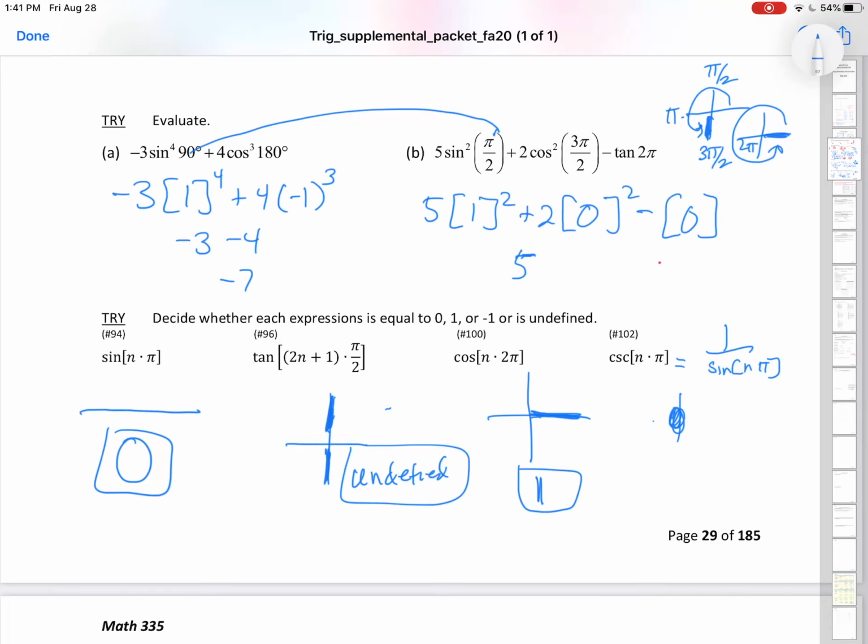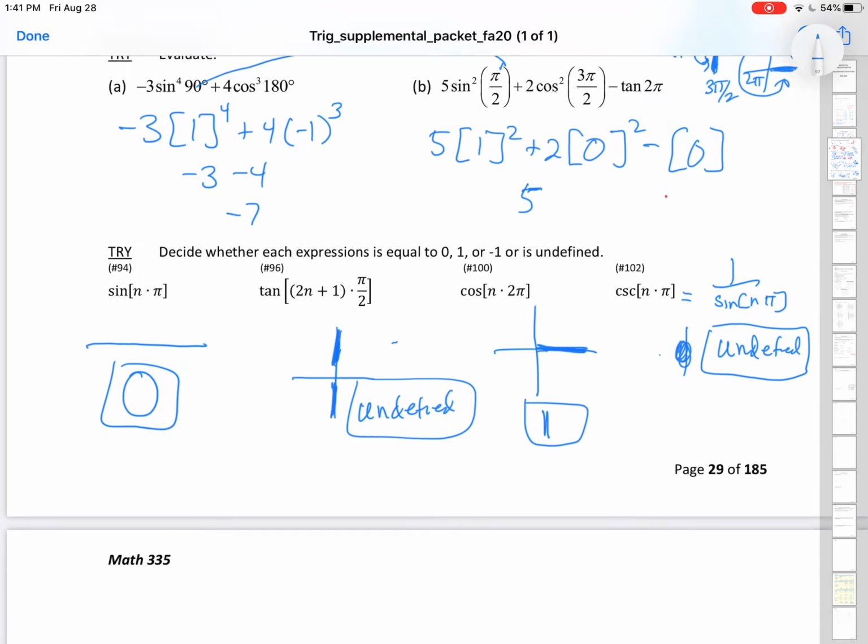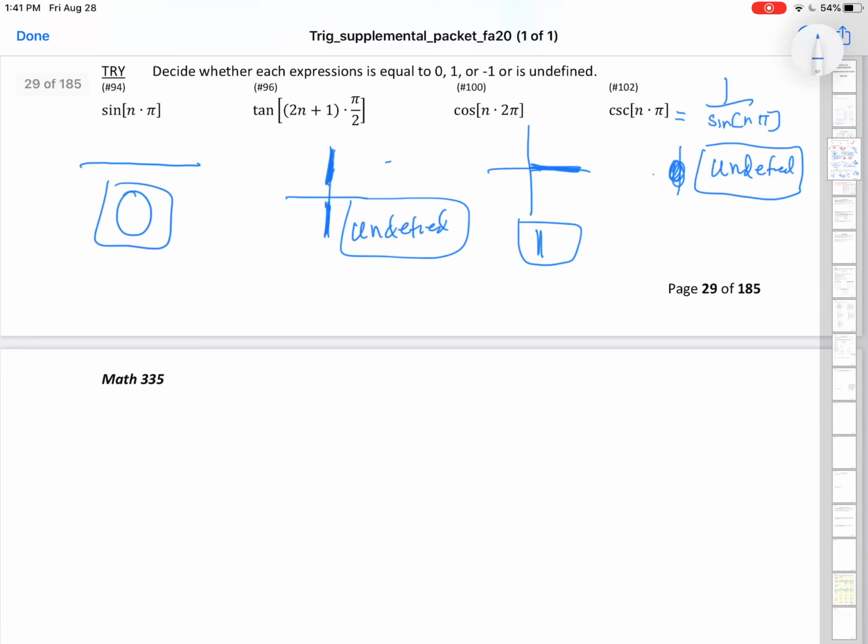And so there's no y height, so that's going to be 0. So this is going to be undefined. So notice that we're relating it back to that number we started with. We know that that's always going to be 0 on the bottom, so the cosecant is always going to be undefined. So pretty cool in that regard.